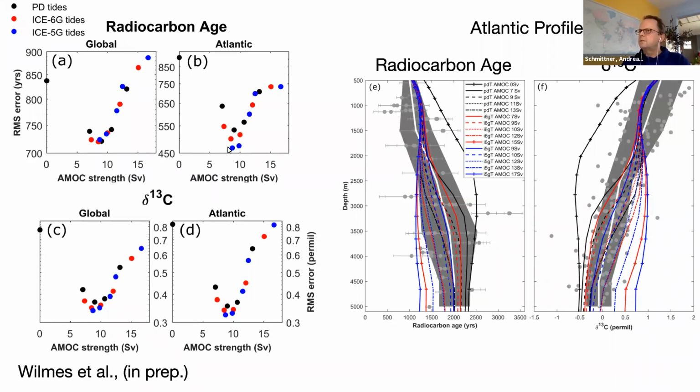And the ones with the highest mixing, the blue ones, the ICE-5G reconstructions, have the lowest errors in the Atlantic. And that is also the case for the C13 if we look at these lower plots here. So for C13, also slightly better agreement with the higher mixing simulations, although it's relatively subtle compared to the differences from the buoyancy forcing here, which are the differences between the colored dots.